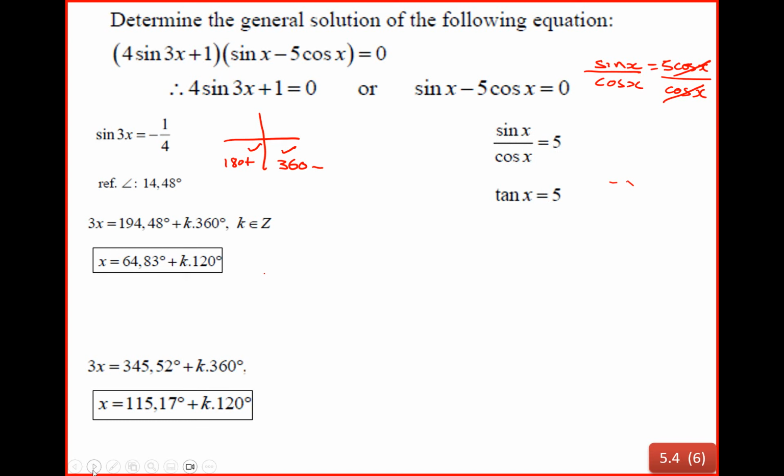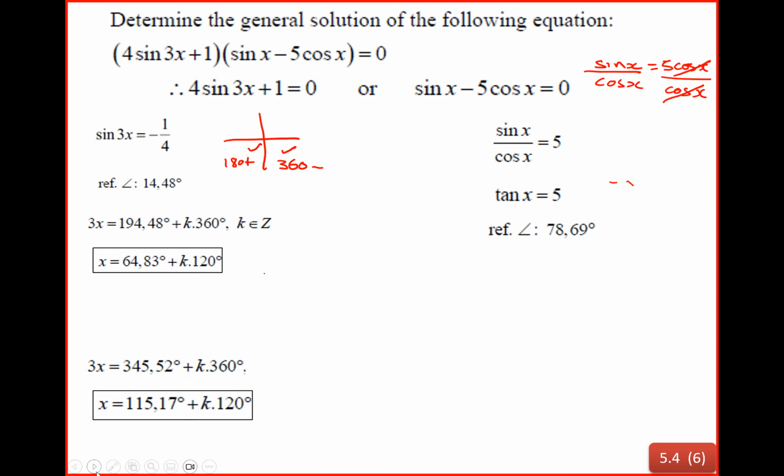Now, we're going to find the reference angle. But remember, for tan, this is positive, which means that we are in quadrant 1. And we don't have to check for 2 quadrants because the period for a tan graph is 180. So let's find our reference angle. Shift tan 5 gives us a reference angle of 78.69.